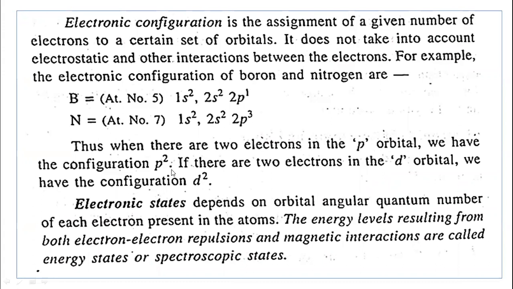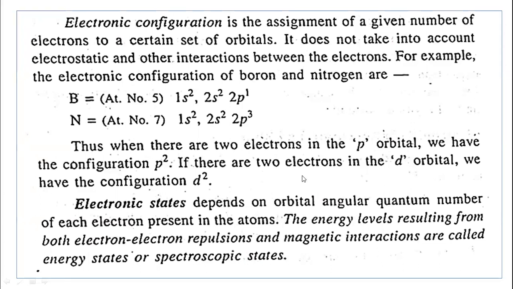Therefore, now we are going to find out the electronic states of the electrons present in that orbital. Electronic states depend on the orbital angular quantum number of each electron present in the atom.